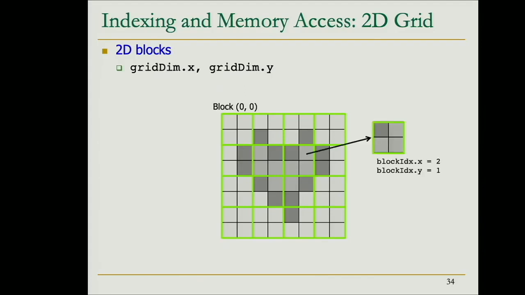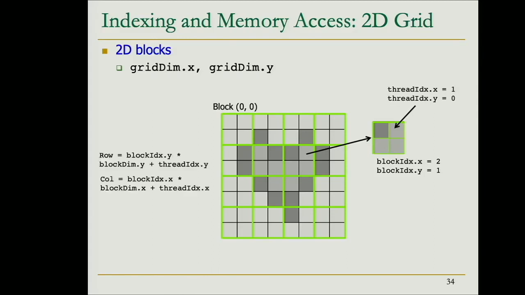And inside each block, we also have blockDim.x is 2, blockDim.y is 2, right? So the block that is going to operate on this tile of the image is, in this case, block 2-1. And we can assign threads to each of these individual pixels, and that one, for example, would be threadIdx.x 1, threadIdx.y 0.